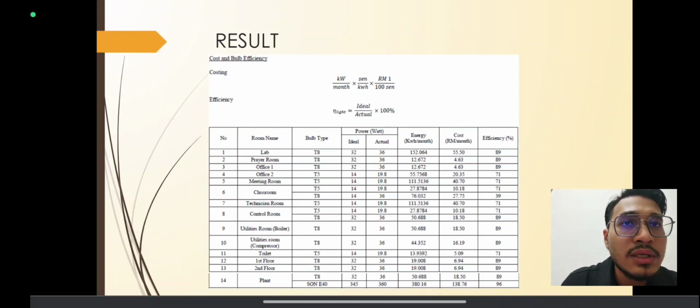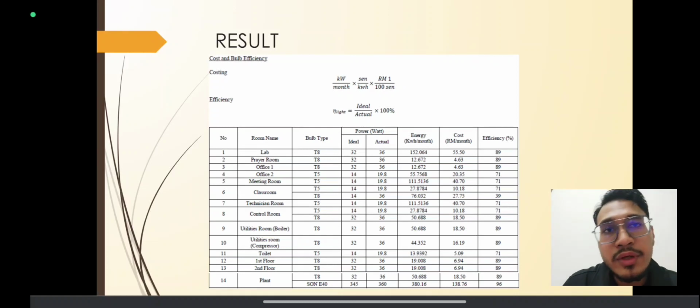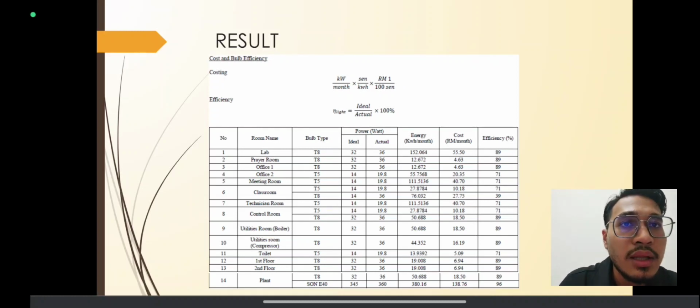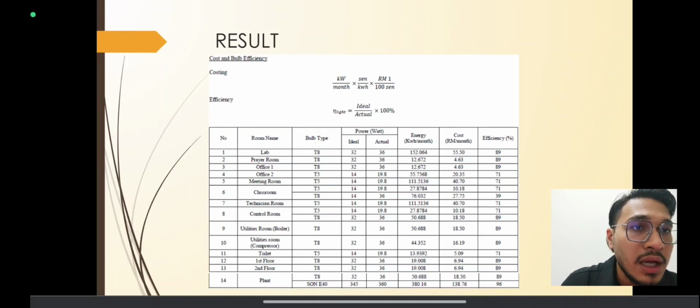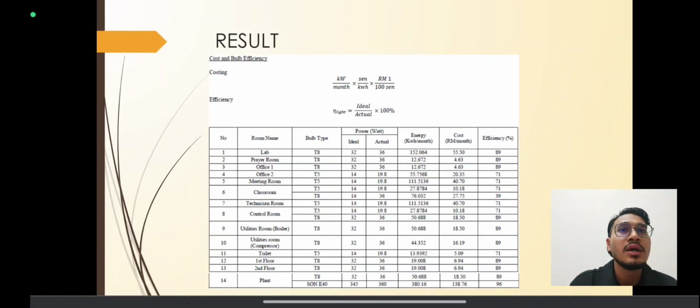From the previous data, which is energy consumption, we can find the cost and how efficient the light or the bulb is. With all the data collected, we come out with the cost per month and also the efficiency of the lamps from each room.